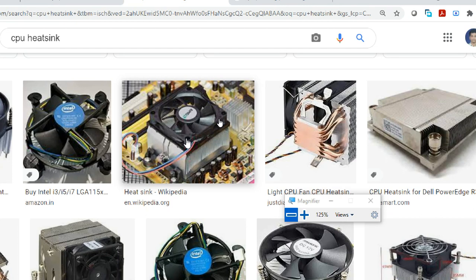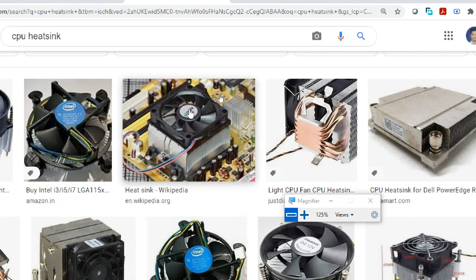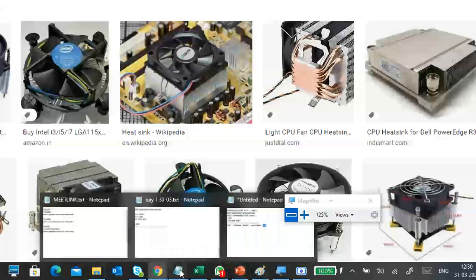But in the backside there is a PC whose enclosure is not closed properly. It is near the window, so the entire dust is occupied onto this one. It is completely dust particles.